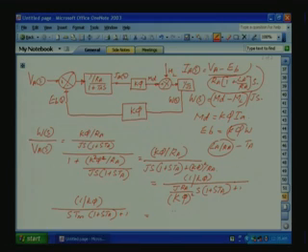So, our TM is equal to the electromechanical time constant, J RA by K phi square.